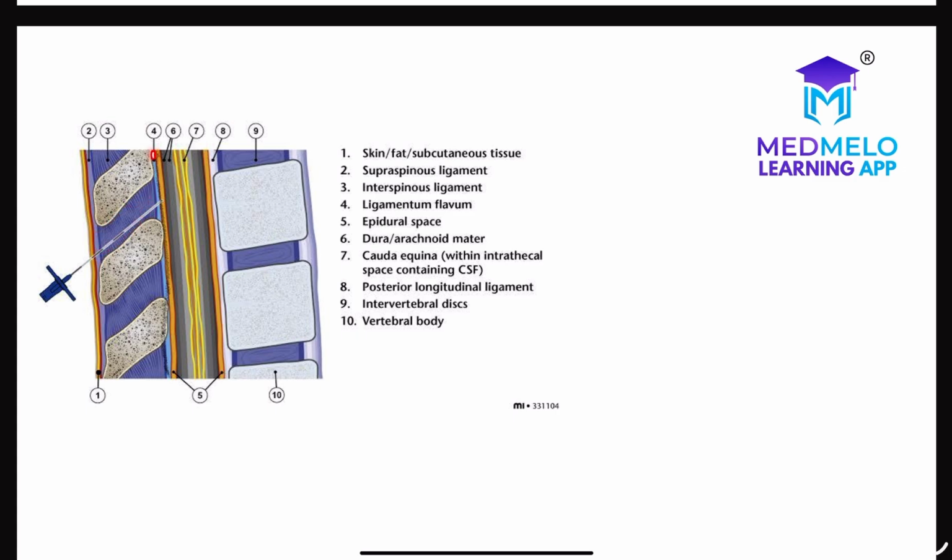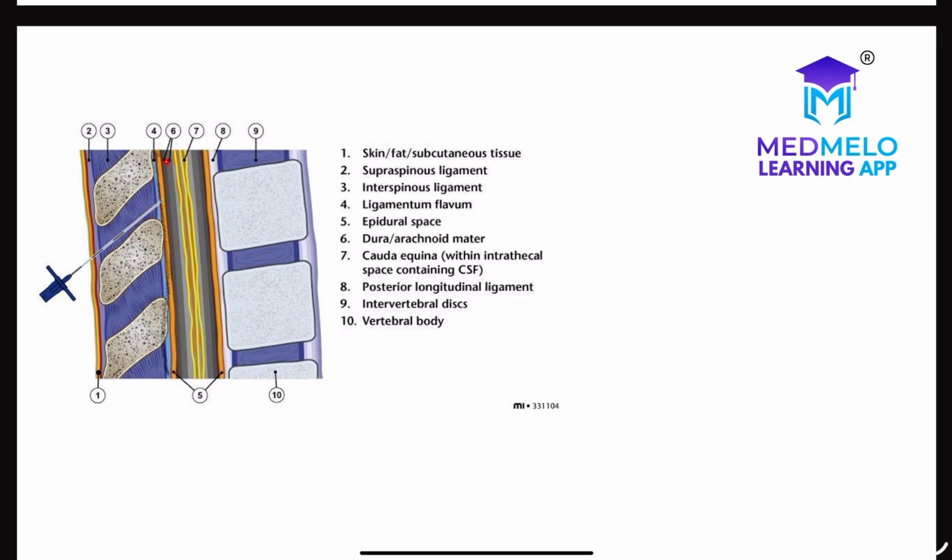Then it cuts the ligamentum flavum, and it reaches the epidural space. The aim of epidural anesthesia is to reach the epidural space and inject the anesthetic agent in the epidural space. So we reach the epidural space.